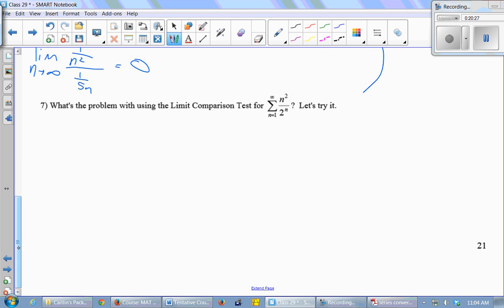All right, so I would like you to try the limit comparison test on n squared over 2 to the n. But we need to decide what to compare it to, right? What would be a series that's simpler than that, but whose convergence or divergence we know?